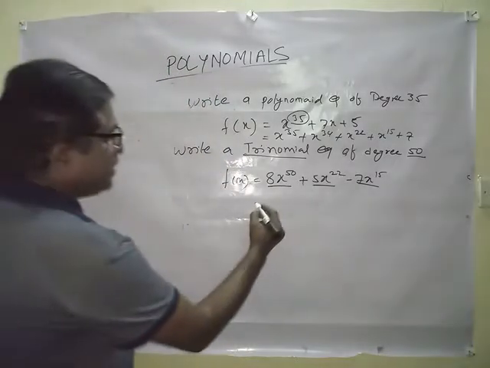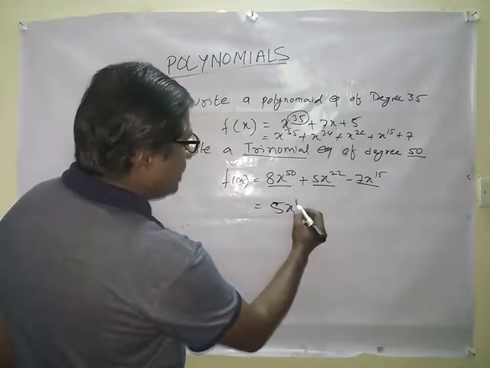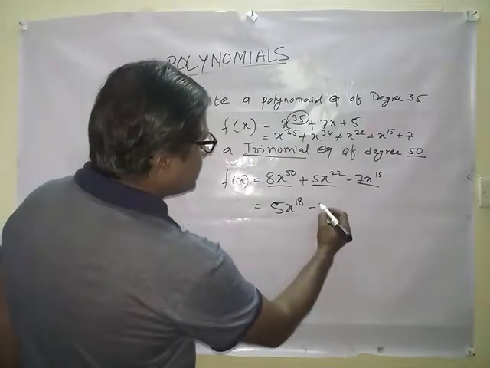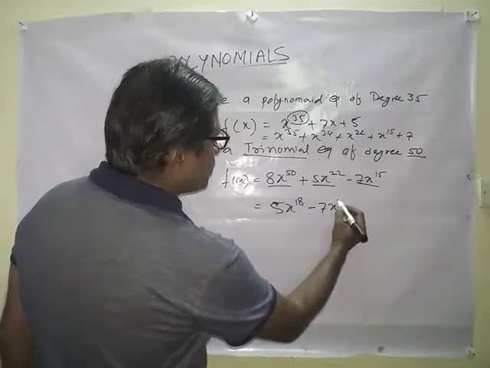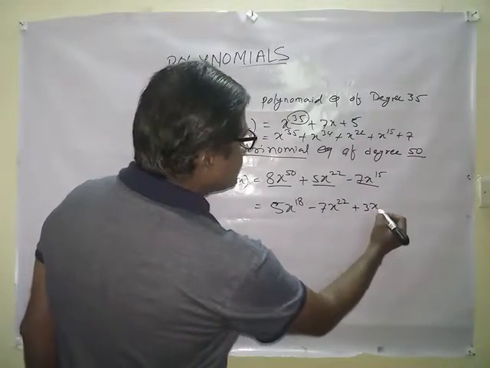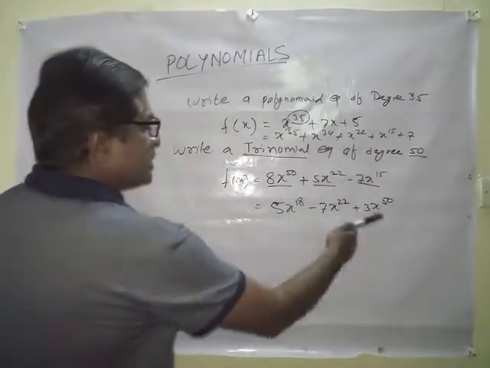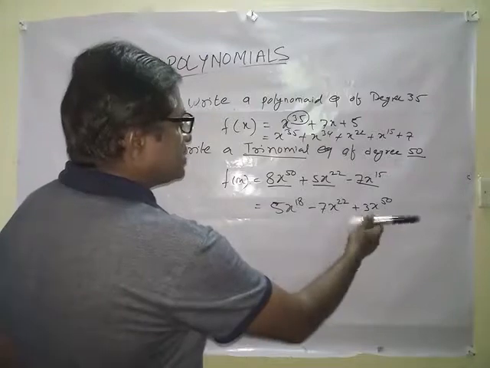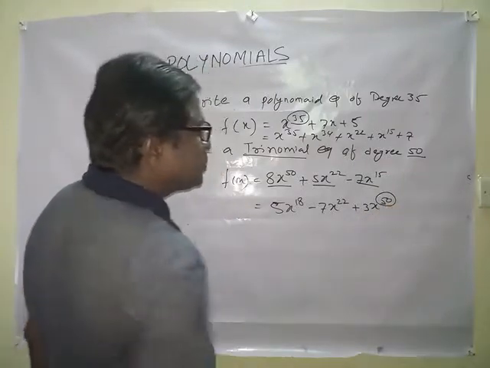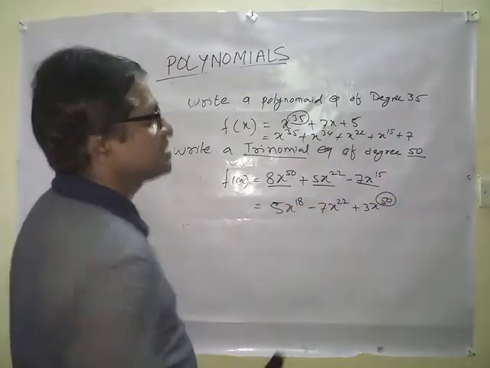You can write it this way: 5x raised to power 18 minus 7x raised to power 22 plus 3x raised to power 50. The terms can go here and there, but make sure the highest exponent of the variable is 50, which is being asked here.